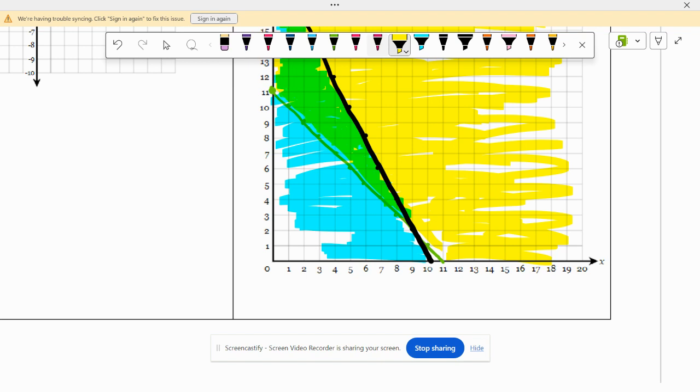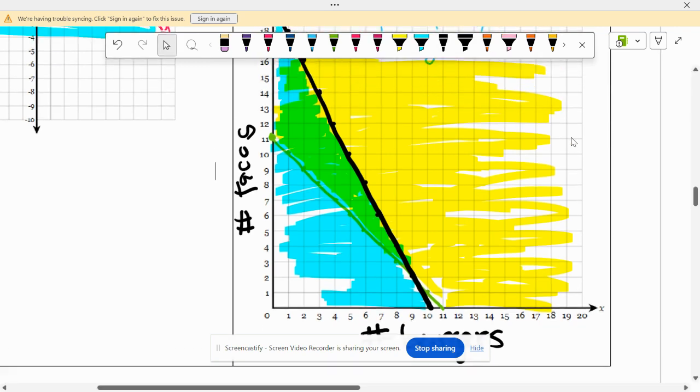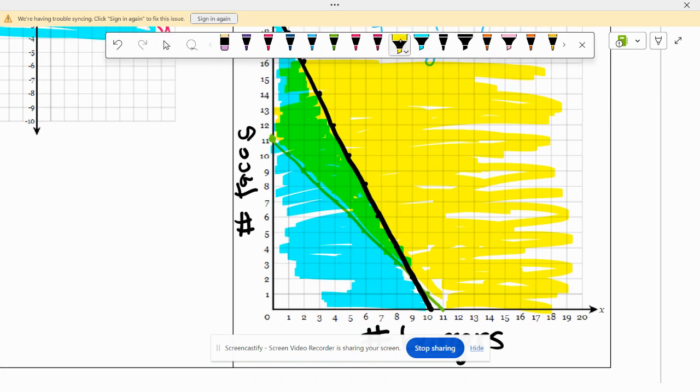Okay. So remember that we said X is the number of hamburgers. That might help you determine a combination. And the Y-axis was the number of tacos. So what's a possible combination of hamburgers and tacos that I can buy? 6 and 6? Yep. 6 hamburgers and 6 tacos.